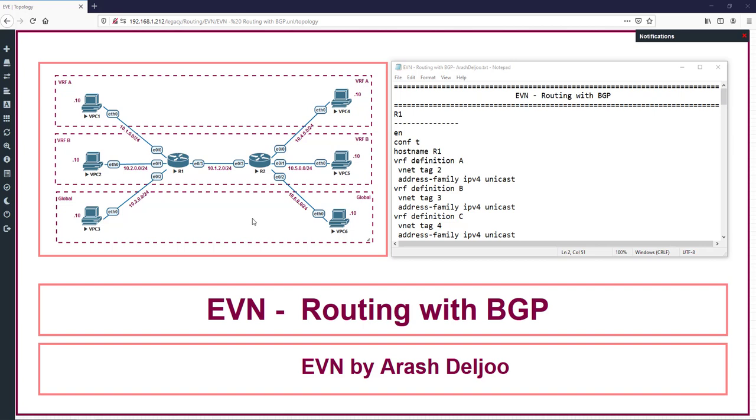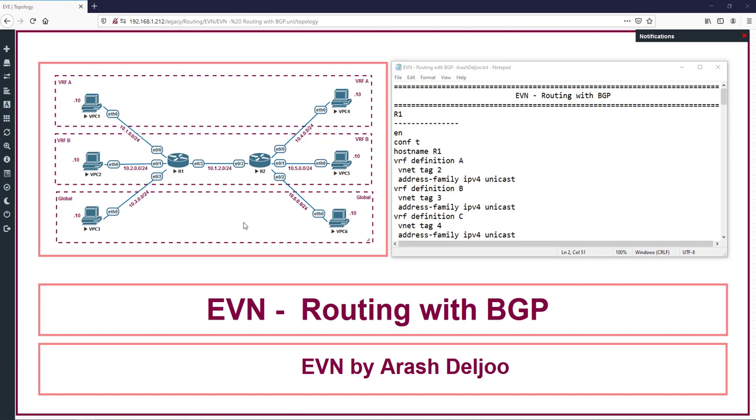In an EVN environment, we have two types of VRFs or VNETs. One type is VRF VNETs, for example, VRF A, VRF B, and the other type of VNET is the global network. Let me show you how we can configure BGP in the VRF and global VNETs.